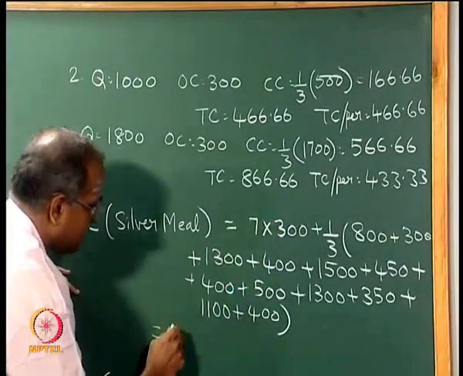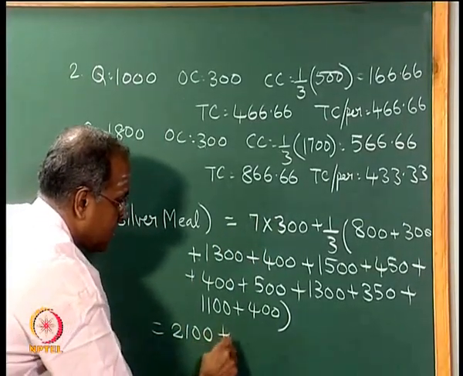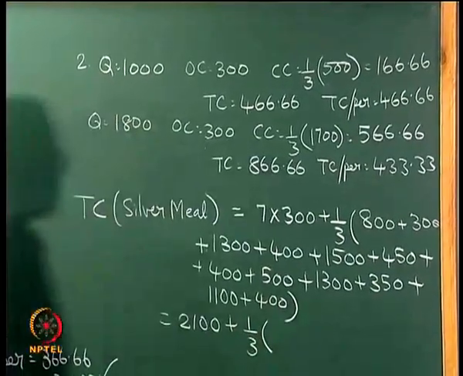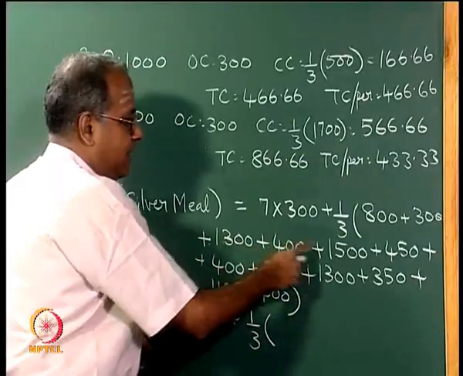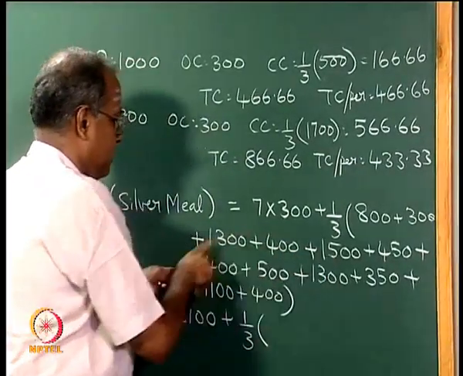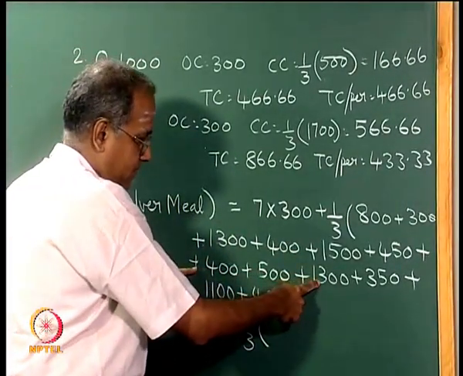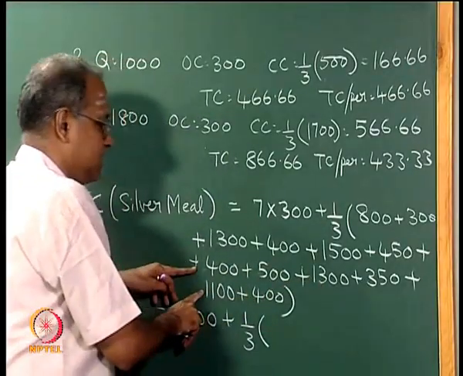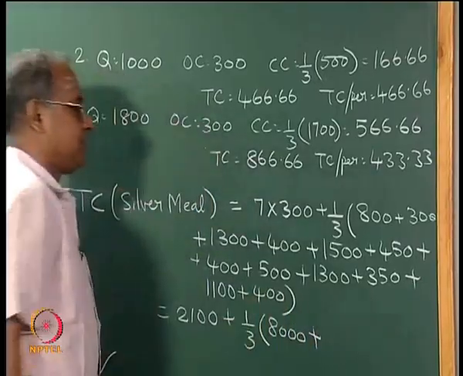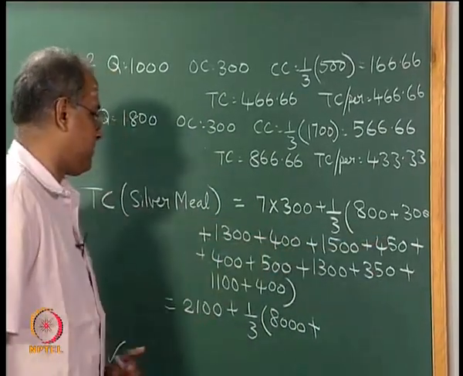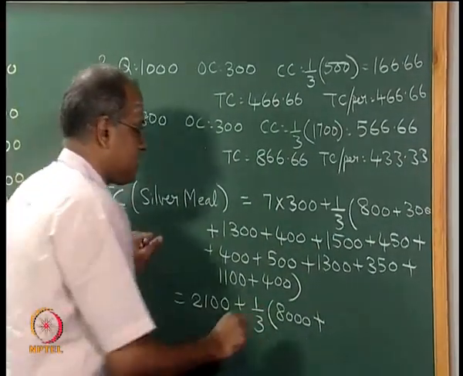So this is 2100 plus 1 by 3 into 8 plus 3 is 11, 24, 28, 43, 47, 52, 65, 76 plus 4, 80, 8000 plus 450 plus 350, which is another 800.